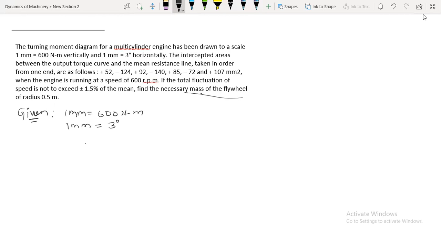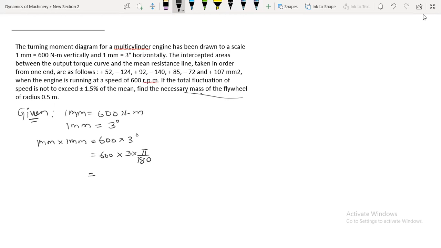For that purpose, we have to multiply 1 mm into 1 mm, which equals 600 into 3 degrees, or 600 into, now this 3 degrees should be written in terms of radians, that is 3 into pi by 180.